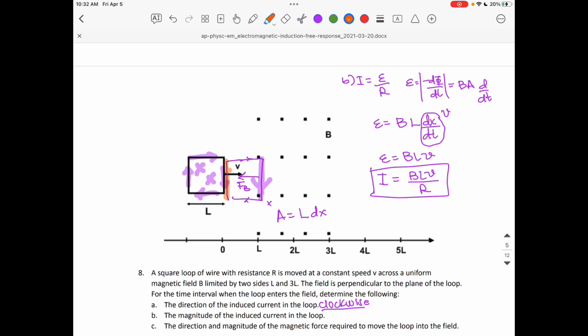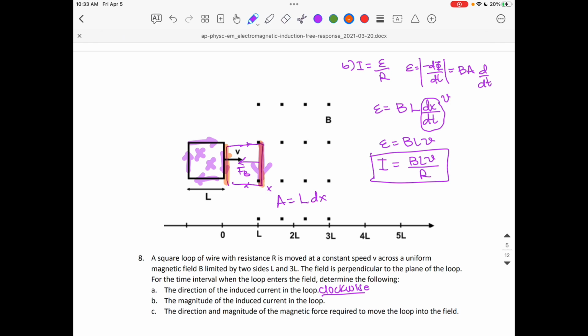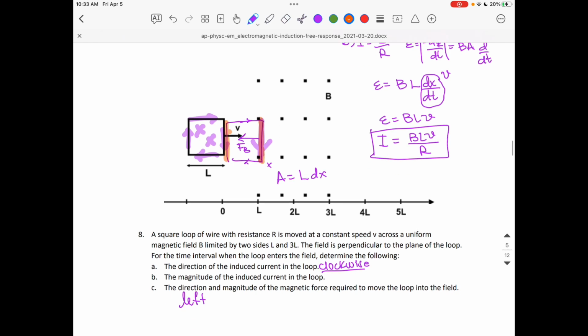So all we're focused on is the force on this first section of the wire that enters, and that's going to experience a force to the left, and that's the direction, so left.